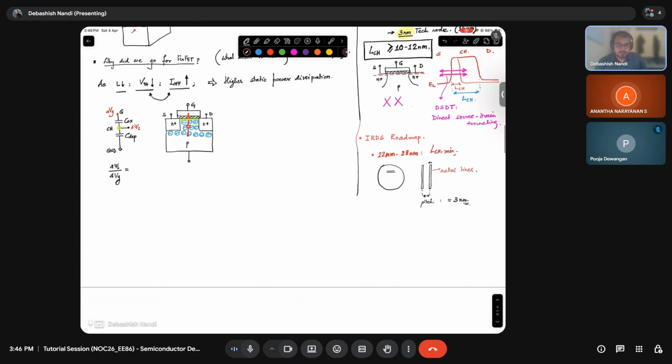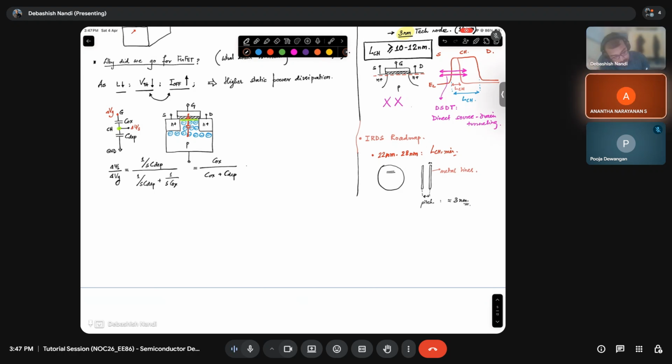Sir, that will be 1 by C depletion divided by 1 by C depletion plus 1 by C ox. So what does that translate to? Is that clear? Yes, sir.